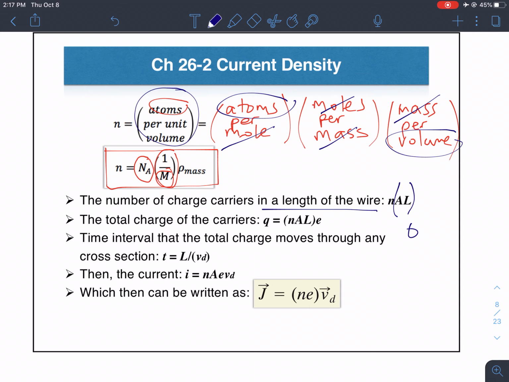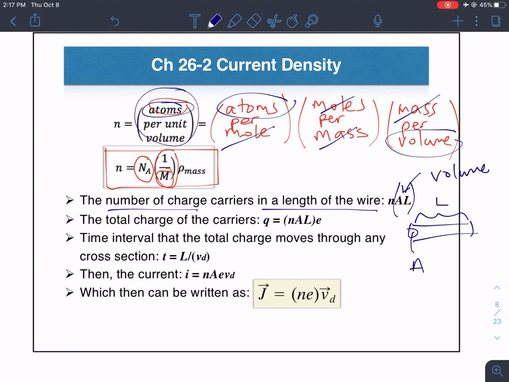Why is that? Because you have a wire, right? This cross-sectional area is A, and then the length is L. And when you multiply them, you get the volume. So since little n is atoms per volume, when you multiply by volume, you get the number of atoms. Okay, so that's the number of charge carriers. So that is n times A times L.